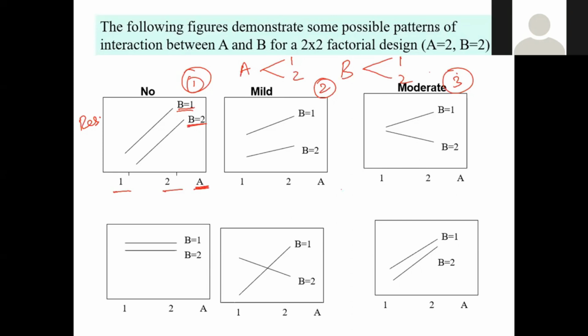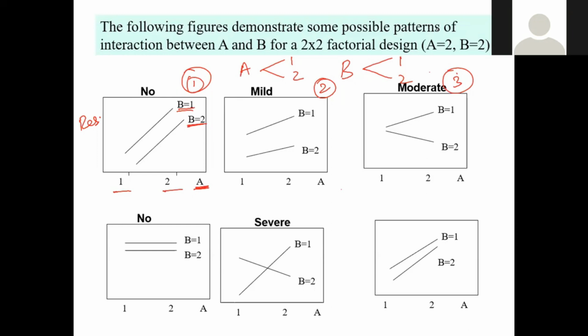No interaction, because the two lines are parallel. By simply closing your eyes, if they are more or less parallel, you can say no interaction. Normally in reality we don't get exactly parallel, but when it is close to parallel, we can say no interaction.